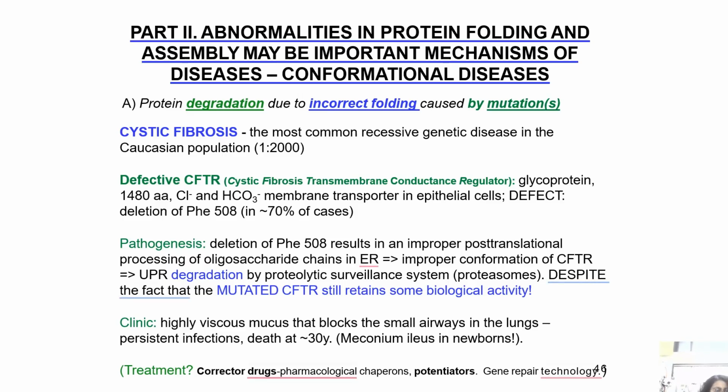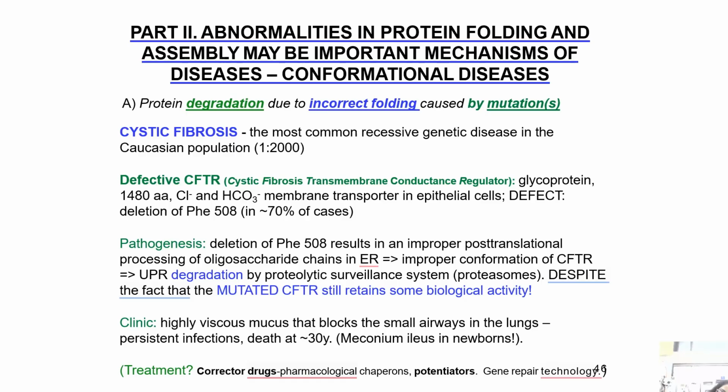So abnormalities in protein folding and assembly may be important mechanisms of disease, like conformational diseases, such as protein degradation due to incorrect folding caused by mutations, like cystic fibrosis, the most common recessive genetic disease in the Caucasian population.